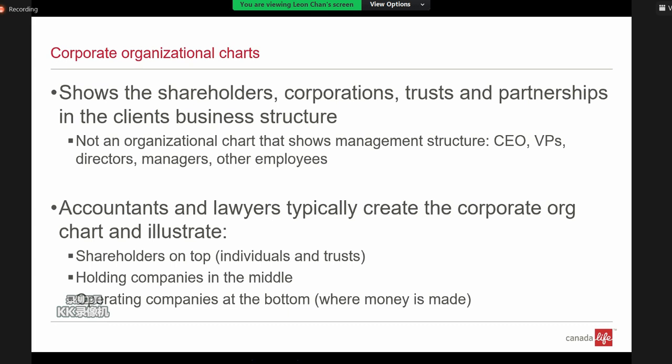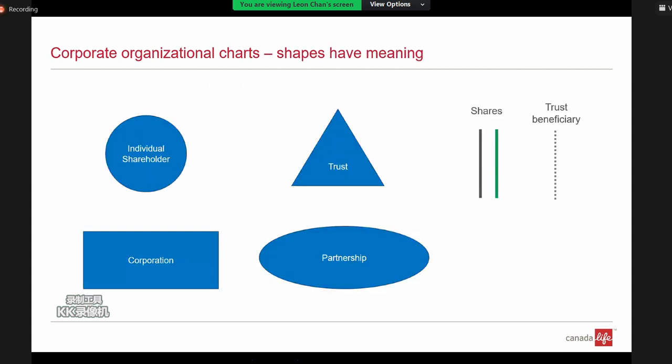Accountants and lawyers typically create this chart to help illustrate who the shareholders are, on the very top. So it'll be shareholders or trusts on the very top, then along the middle, usually holding companies, and at the bottom, operating companies or even partnerships, right?